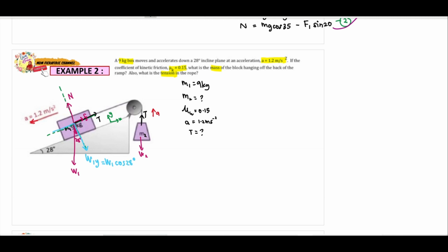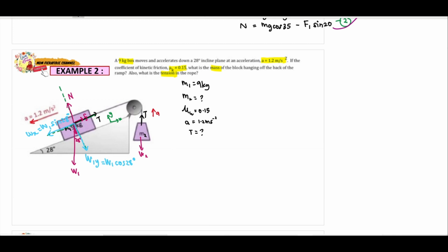And then, kita akan ada W1X, which is W1 sin 28 degree. Okay, ini resolving vector ni, chapter 1. Okay, so now let's start our calculation. Okay, so saya akan mula dulu dengan total force. Okay, kita ada dua objek, so kita ada 3 equation. Kenapa saya kata kita ada 3 equation? Okay, kita mula tengok sini.